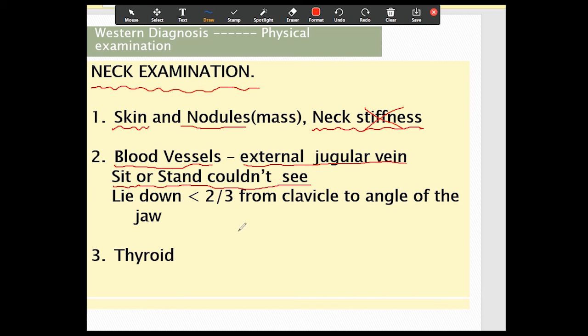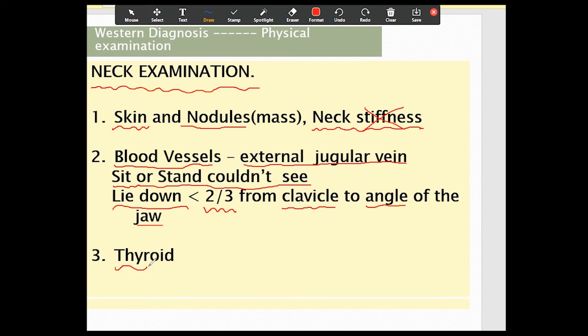When people lie down, we can see it, but not more than 2/3, calculated from the clavicle to the angle of the jaw. That's normal. Even if we see it when people lie down, as long as it is not longer than that, it's still normal.